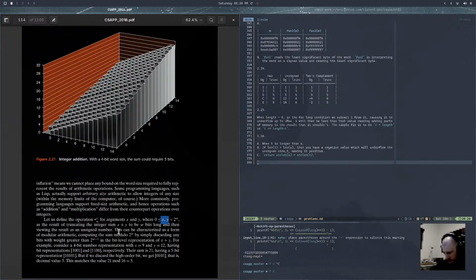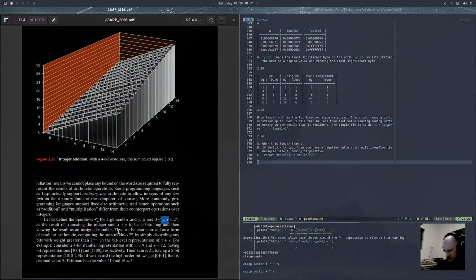As a result of truncating the integer sum x plus y to w bits long and then viewing the result as an unsigned number, this can be characterized as a form of modular arithmetic, computing the sum modulo 2 to the w by simply discarding any bits with weight greater than 2 to the w minus 1.